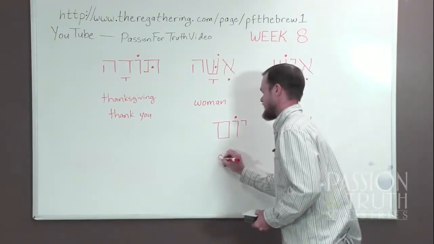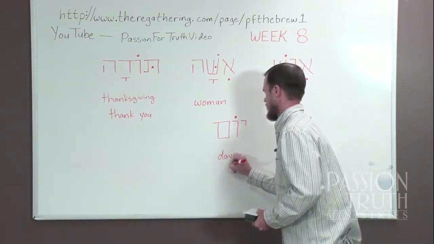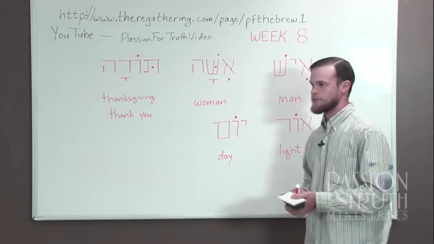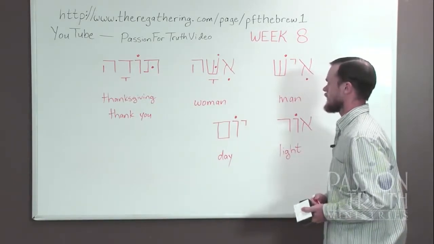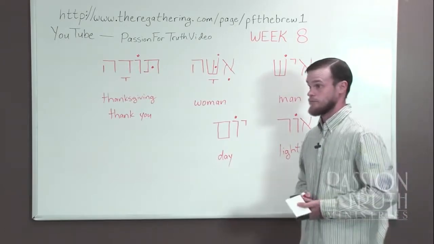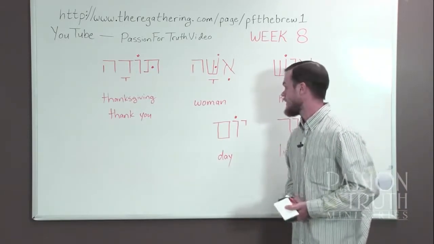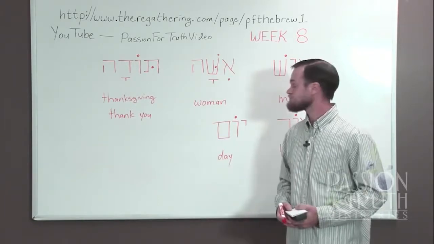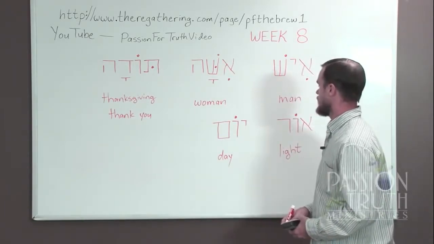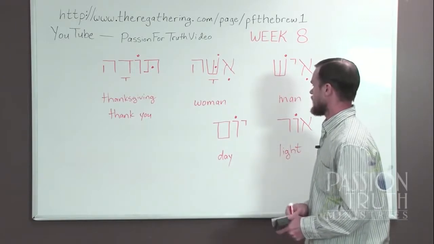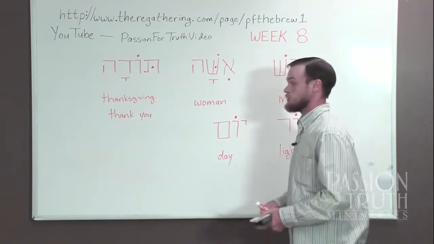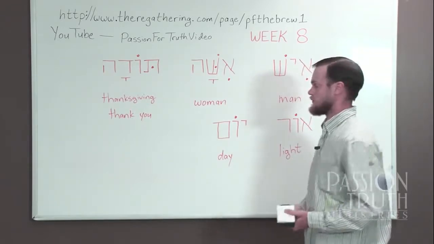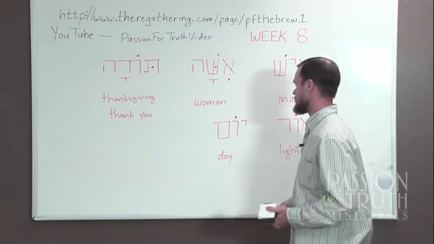Yom means day. And Yom is part of many, many phrases that you will hear, such as Yom Kippur, Day of Atonement. Yom Tov is an expression that means good day. Yom Teruah, Day of Blowing, or Day of Trumpets. The first day of the seventh month is called Yom Teruah.